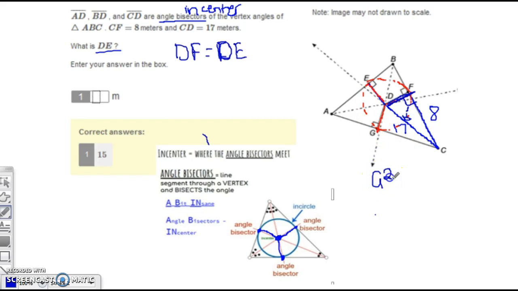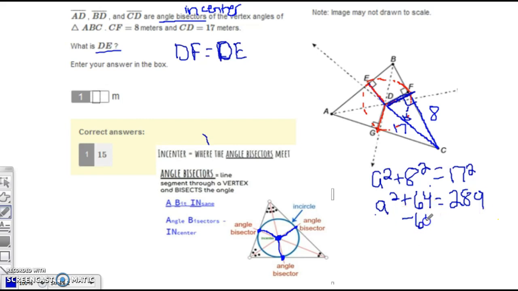So I'm going to say a squared plus 8 squared equals 17 squared. And then I'm going to start doing some calculating. And then I'm going to solve for a, so I'm going to subtract 64 from each side. And then to get a by itself, I have to square root it because squares and square roots are opposites.